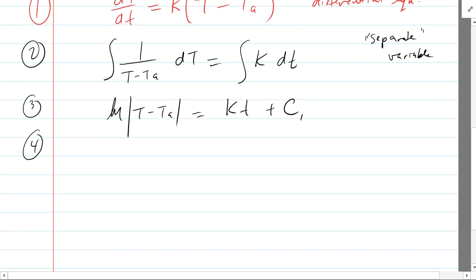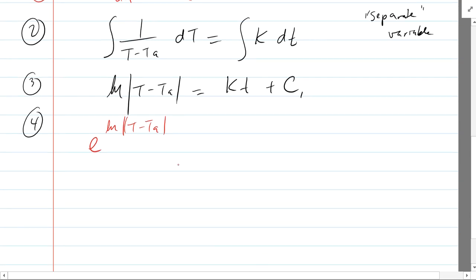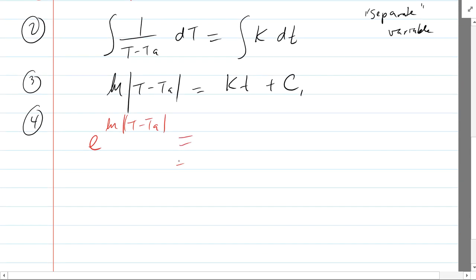Okay, how do we undo a natural log? So we have e to the natural log of T minus T sub A equals, bless you, allergic to Newton's law of cooling, huh? Okay, from last week, what happens when you have the same base but you have the sum of the powers? How can I break that up?